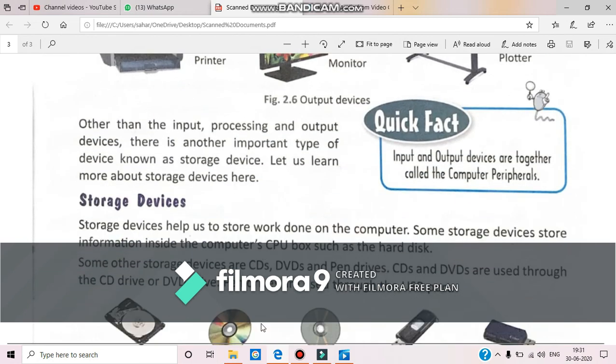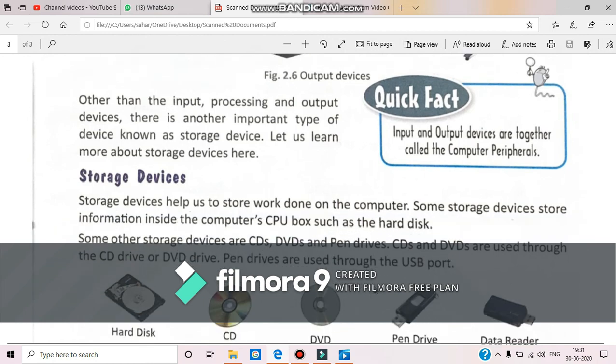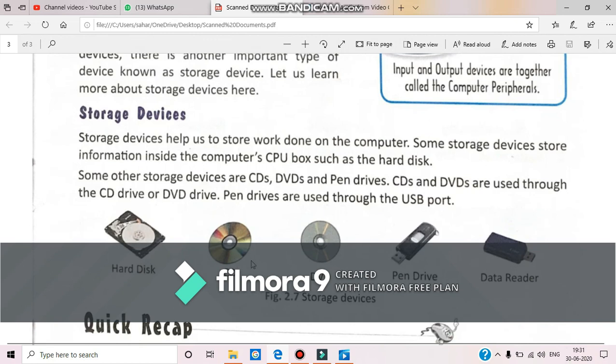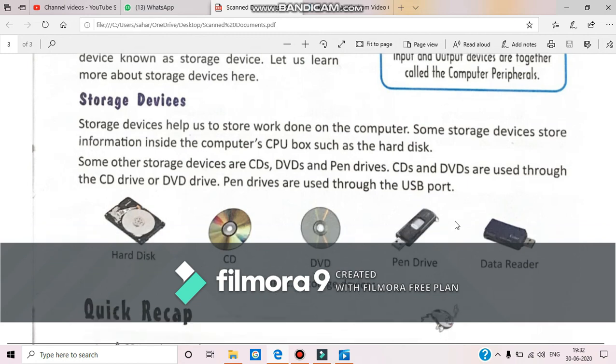Storage devices help us to store data on the computer, like hard disks, CD, DVD, pen drive, data reader. These are all examples of storage devices. CDs and DVDs are used through the CD drive or DVD drive and pen drives are used through the USB port.